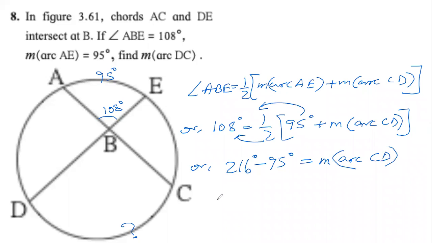Do the subtraction, tell me how much it comes to. 216 minus 95. 131? I think the answer is wrong. 115? Still wrong. Correct answer, 121 degrees.